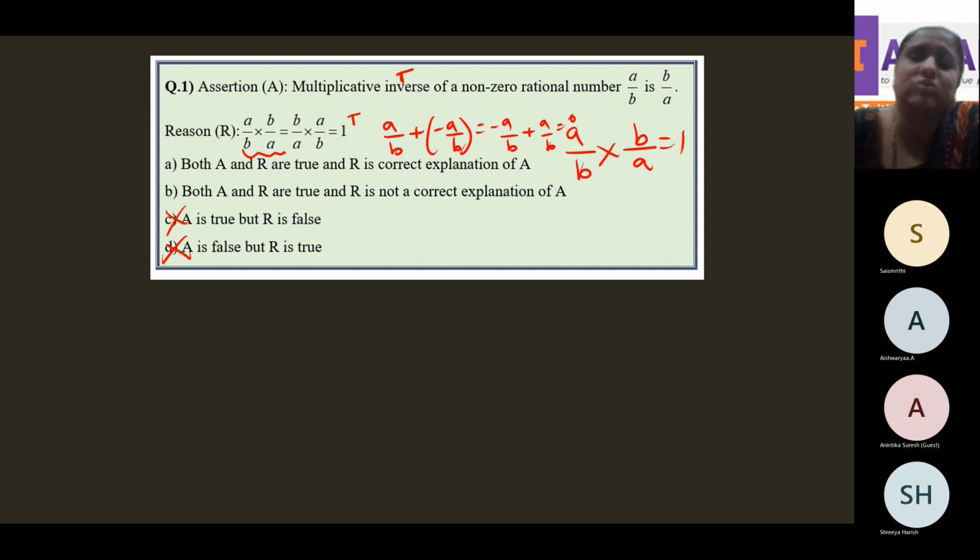But in the assertion statement, what is explained? The multiplicative inverse. So both are correct. Assertion is correct, reason is also correct. So here you should say both assertion and reason are true, but reason is not the correct explanation of the assertion statement.